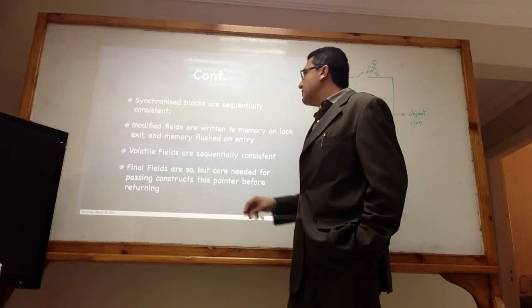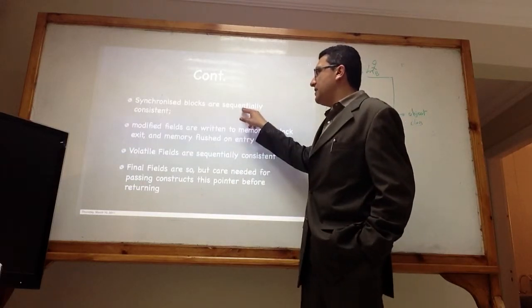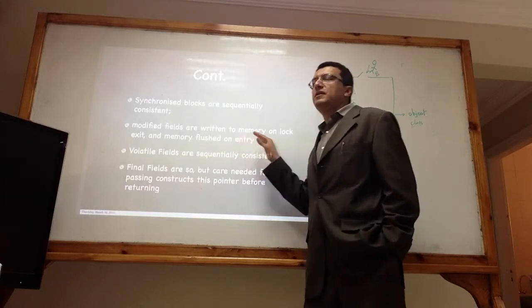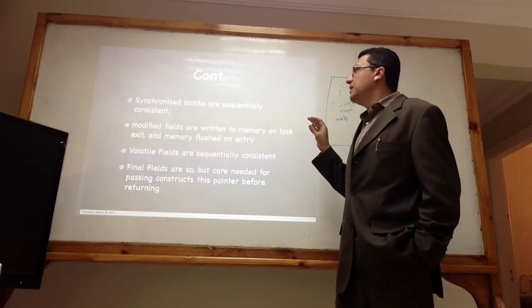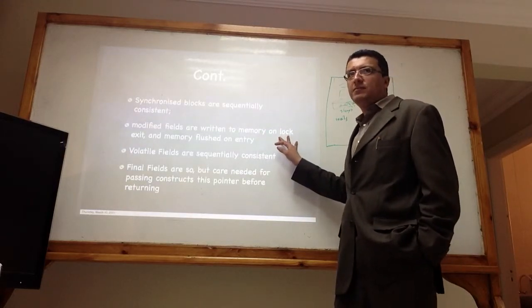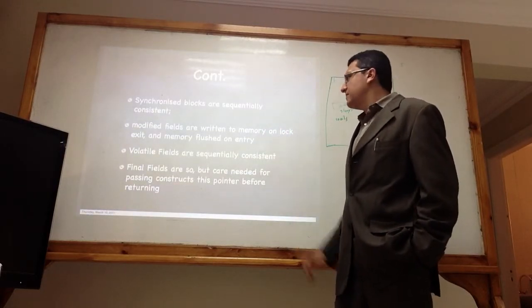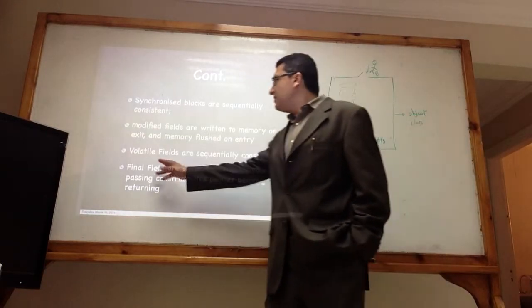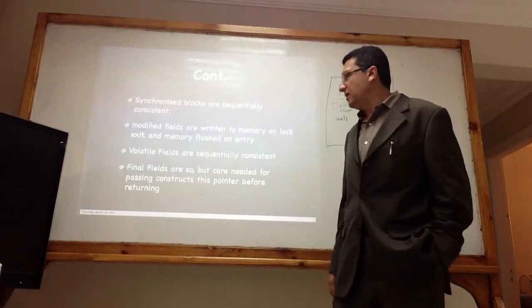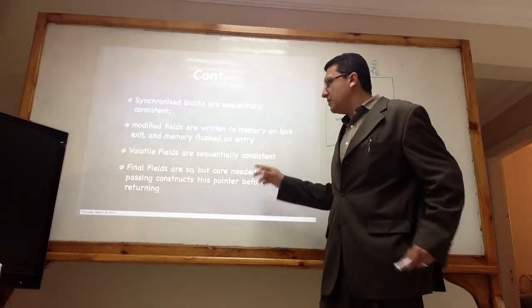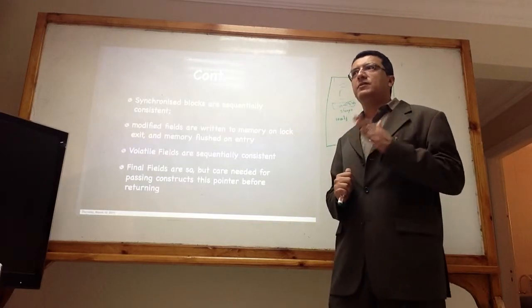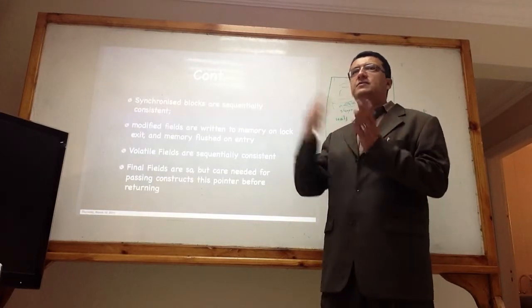Maybe some fields are changed inside your block, but there is no guarantee that they are updated back to memory. They are only updated when you exit. What's interesting, if you have volatile fields in your class or object, they are sequentially consistent. This means that Java does not cache them in local variables, so every time it updates memory directly.